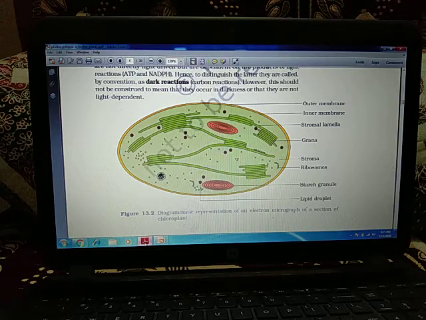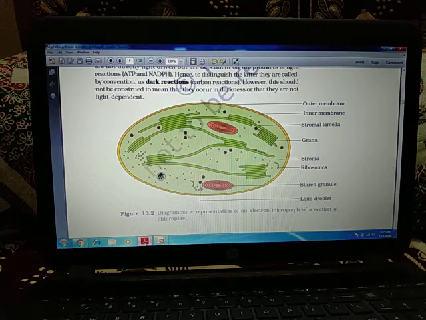The chloroplasts align themselves in a vertical position along the lateral walls in high light intensity, and along the tangential walls in moderate light.